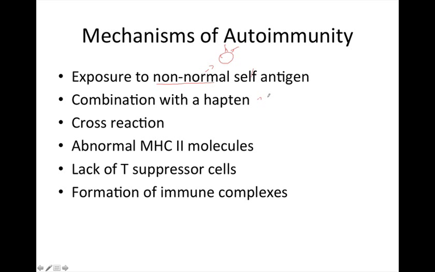However, if it combines with other proteins or molecules or cells, then all of a sudden we have an abnormal new molecule, and as a result, well, what does the immune system do? It responds to abnormal molecules, and that will get the immune system's attention, and it'll attack.